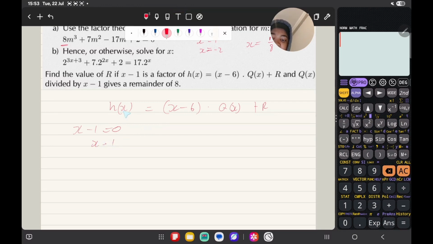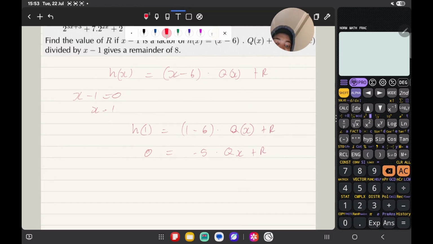If I substitute 1 here, I must get 0, right? So h(1) equals (1 minus 6) q(x) plus r. I have to get 0 when I substitute 1. So here I have minus 5 times q(x) plus r, which means r is equal to 5 q(x).